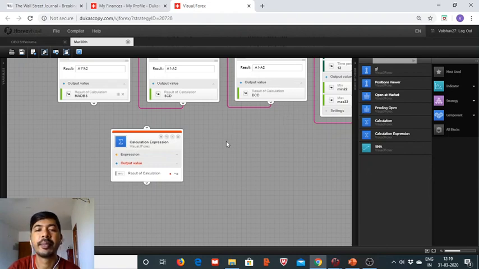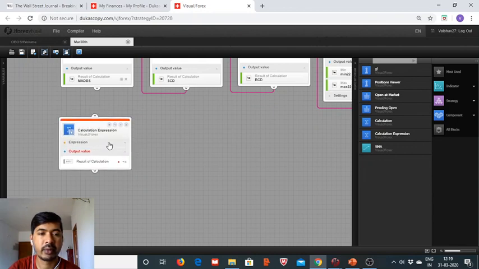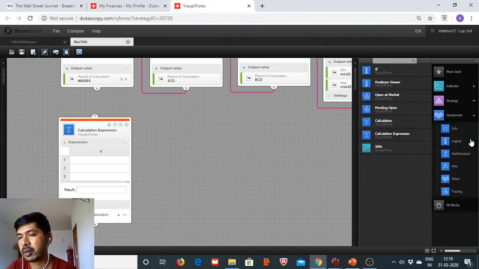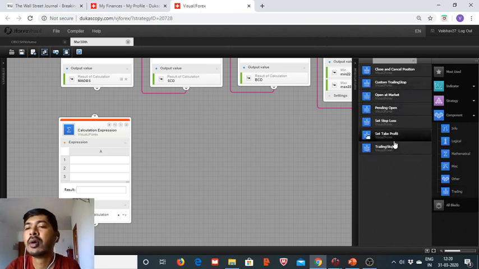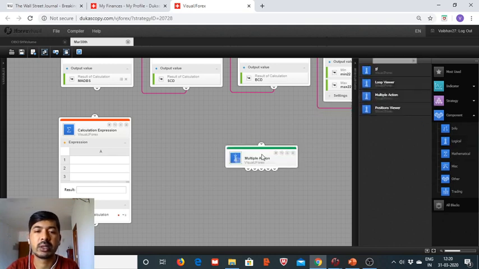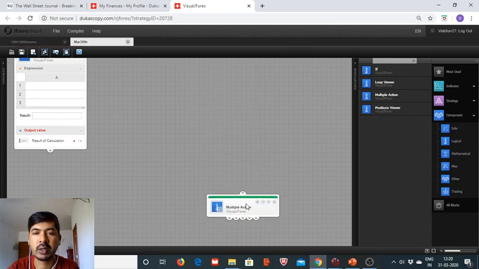So we leave the calculation expression block here, and we straight away move to the building, and we will need now multiple action blocks. So we will need to go for logical. Okay, we got it, multiple action, and we place the multiple action here.